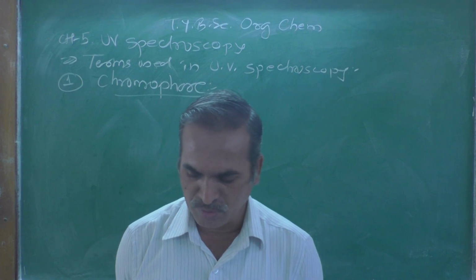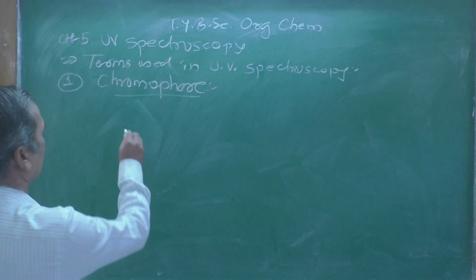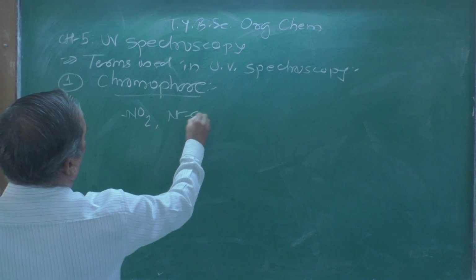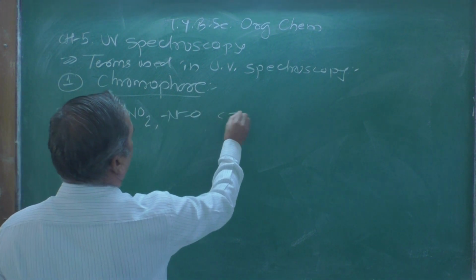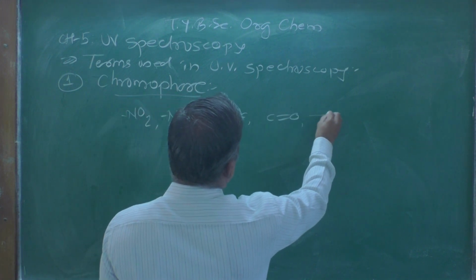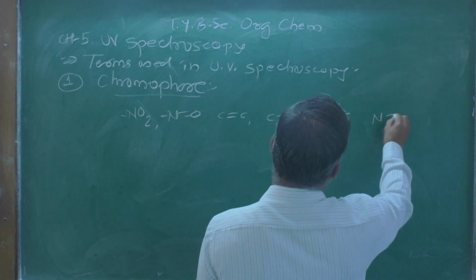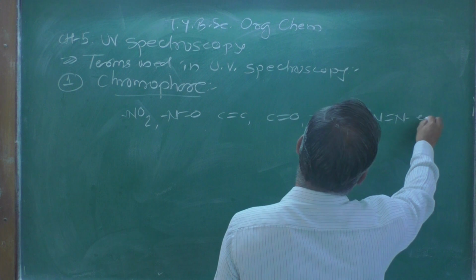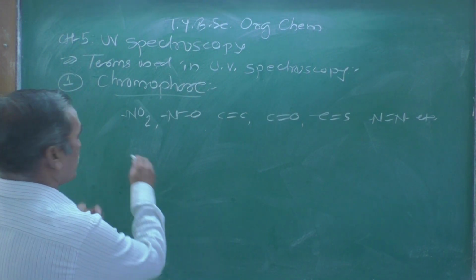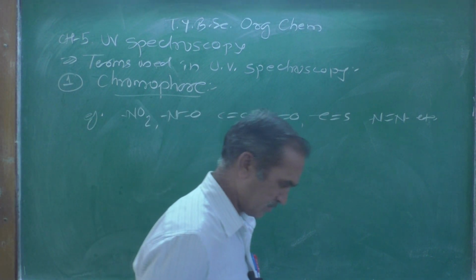Some important chromophores are NO2, N double bond O, C double bond C, C double bond O, C double bond S, N double bond N, etc. These are examples of chromophores.